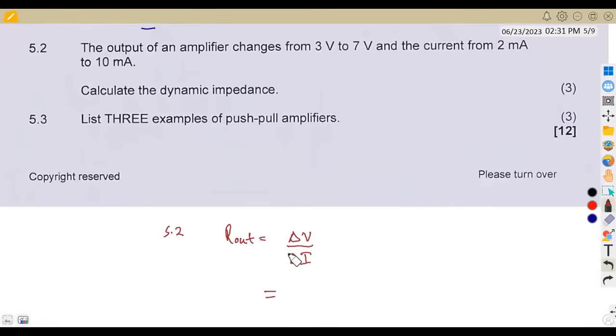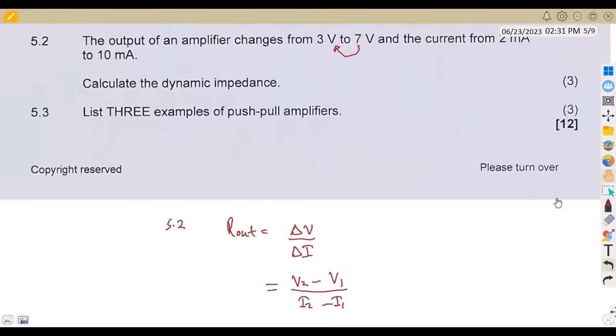But now we're talking about the change, so you're going to have V2 minus V1 over I2 minus I1, which is simply output minus input.